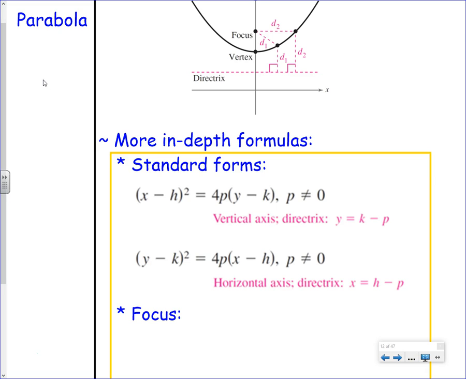I always think of the parabola as eating the focus, and the directrix is always on the outside. You can also think the directrix never intersects the parabola. So it couldn't be here, because it would intersect. It needs to be outside, perpendicular to the axis of symmetry.